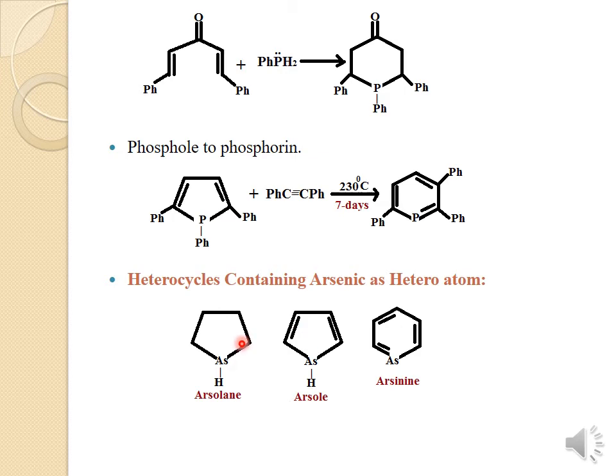Here comes the heterocycles containing arsenic as heteroatom. Here also there are three possibilities: arsolane, arsole and arsenine. All right, then moving on to next slide, we'll see the synthesis part.